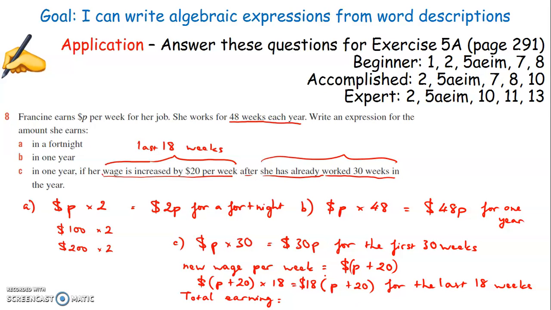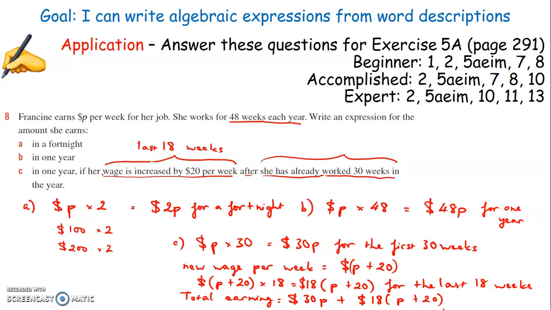So for the total earning, we just have to add these two together. So we would have 30p plus 18 bracket p plus 20.